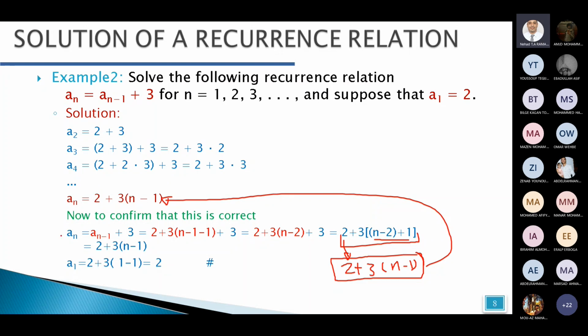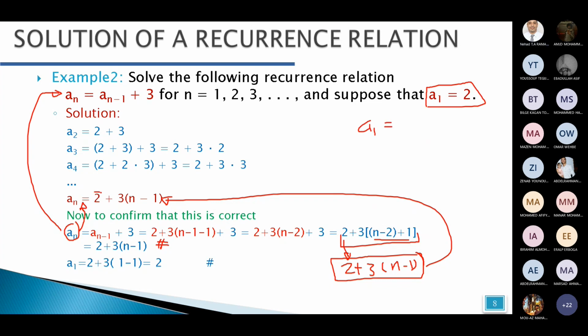So we started from a_n and we reached the solution. So it's confirmed. It's a solution for the recurrence relation. Now, next step, we have to confirm that it's a solution for the initial value or initial condition. So we will apply it for a_1.